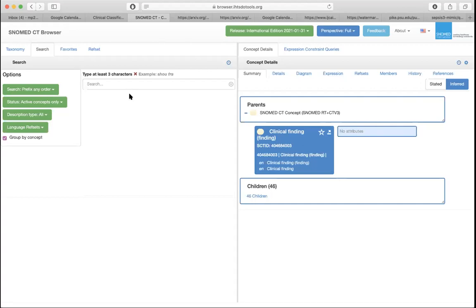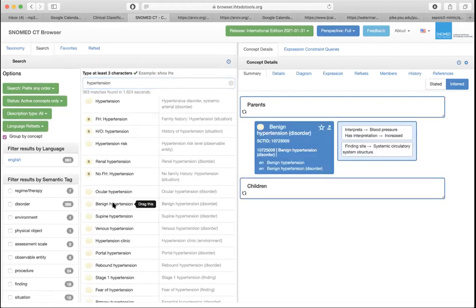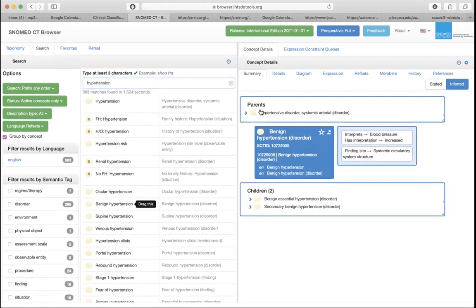But here in SNOMED CT, there are a lot of different types of relationships. So let's look up hypertension. There are a lot of different types of hypertension, but let's go for benign hypertension. The parent of benign hypertension is hypertensive disorder.